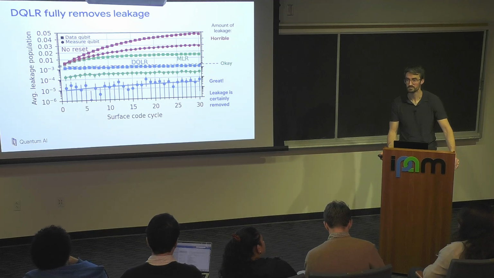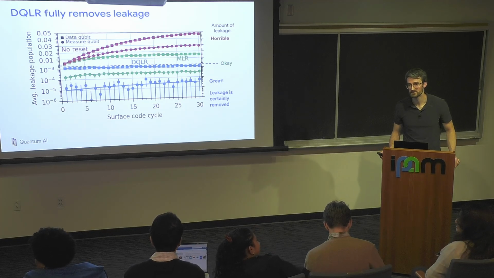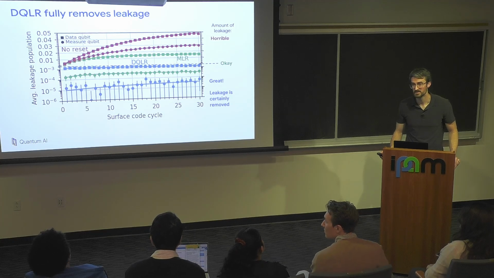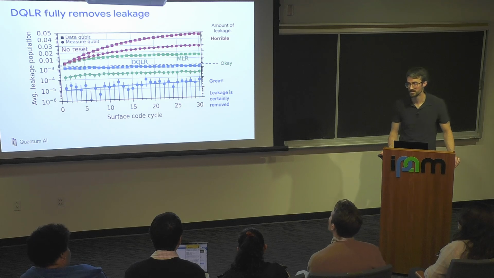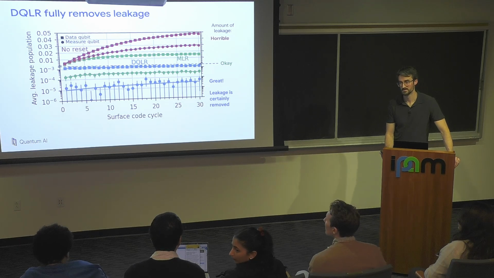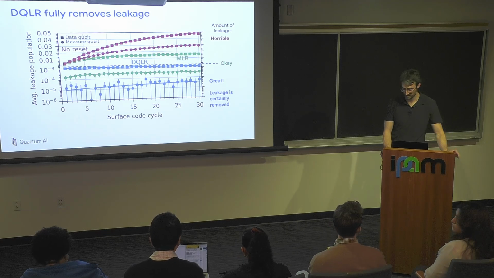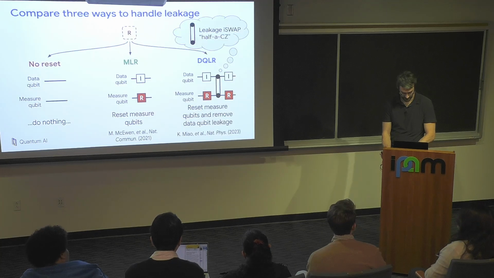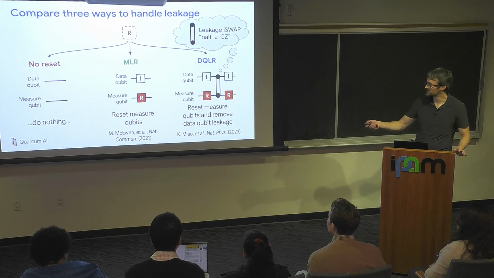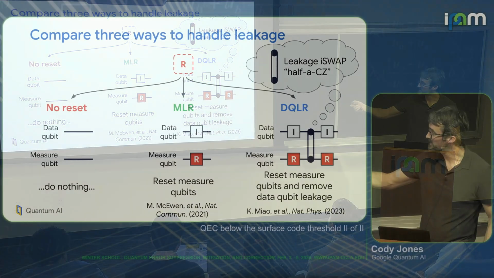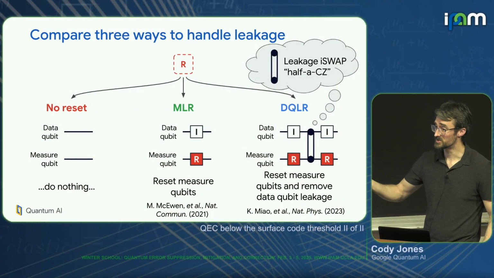Yeah. I have a question. So DQLR basically uses what they call the leakage ISWAP, right? So basically targets the states that are leaked, and then they reset it into the measured qubits. Is it like that? Yeah, that is right. So I'll go back to this cartoon. So we call this a leakage ISWAP. That's because it's not a qubit ISWAP. A qubit ISWAP would be only between qubit states.